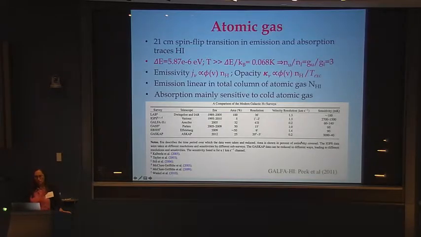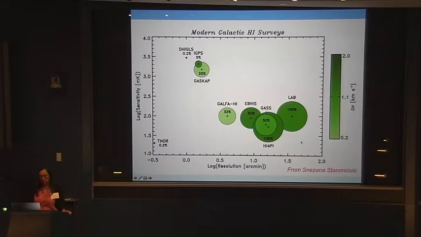And this is a list of some recent observational surveys of 21 centimeter. Snezana Stanimirovic was kind enough to provide me with this, she just made it for a summer school she's doing, and she gave me a copy. So this is a nice overview because it tells you the resolution, the sensitivity, and the sky coverage of different HI surveys.